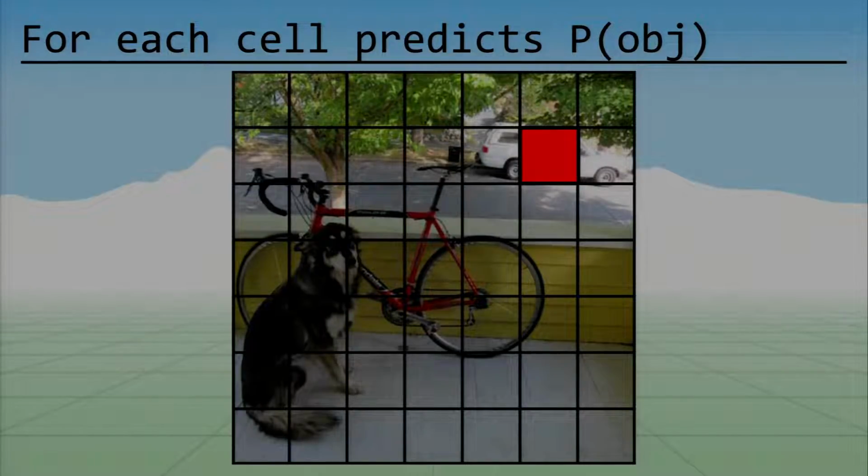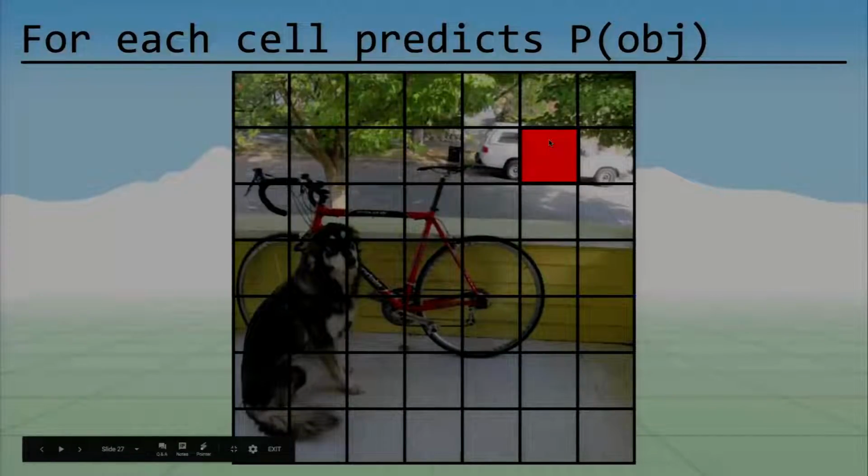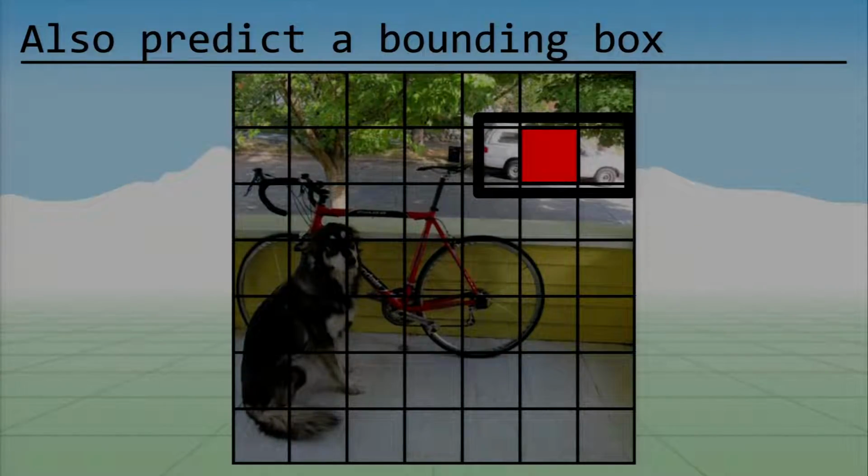So this is the probability that this grid cell, this box, contains an object, or that there's an object centered in that bounding box, is one way to think about it.